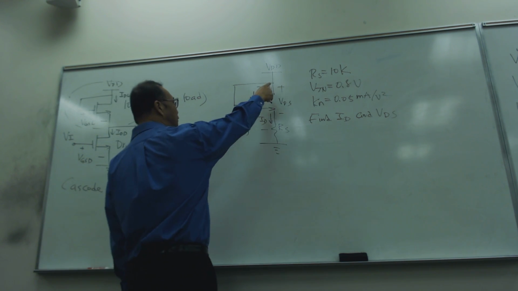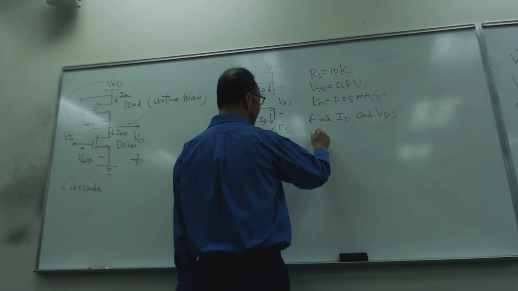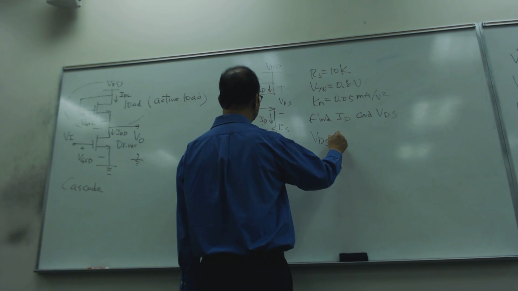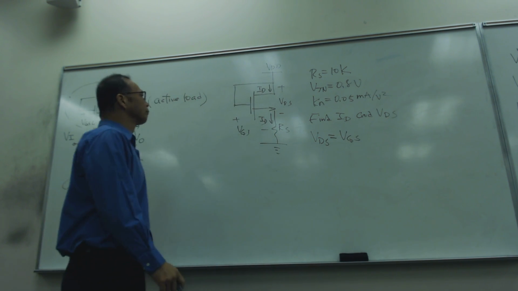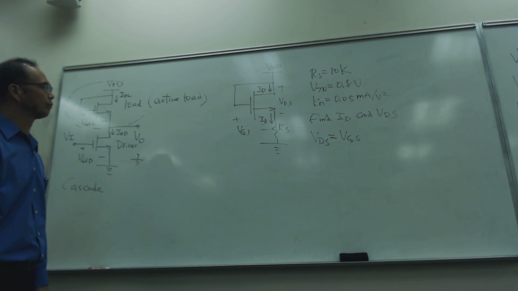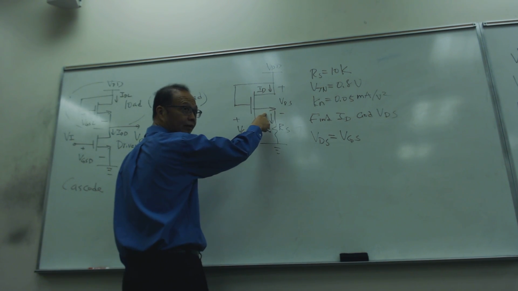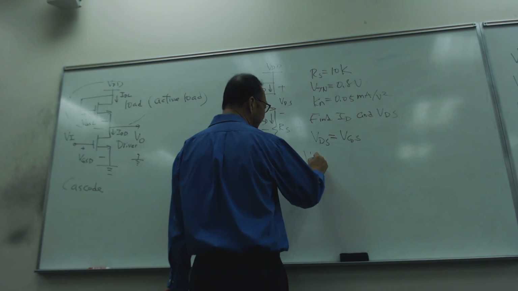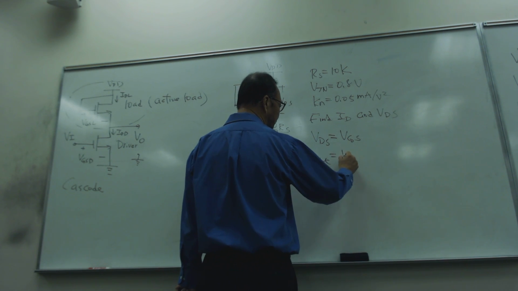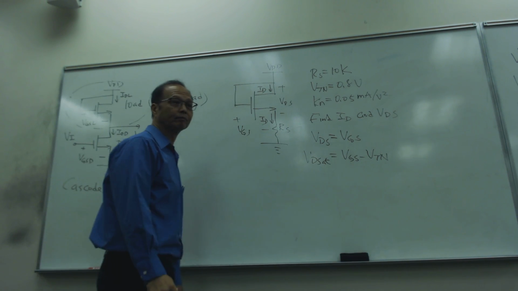Because the gate is connected to the drain, VDS is always equal to VGS. They must be the same. Then, VDSAT is equal to VGS minus VTN, correct? That's the formula.